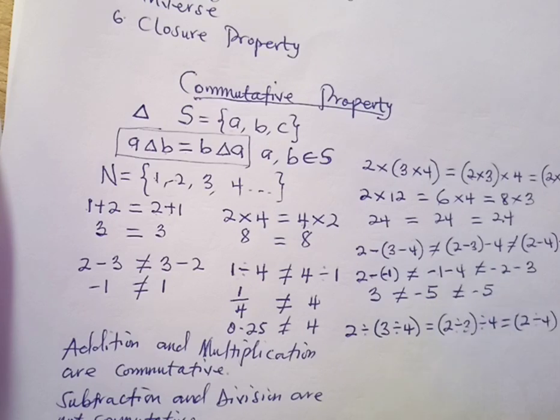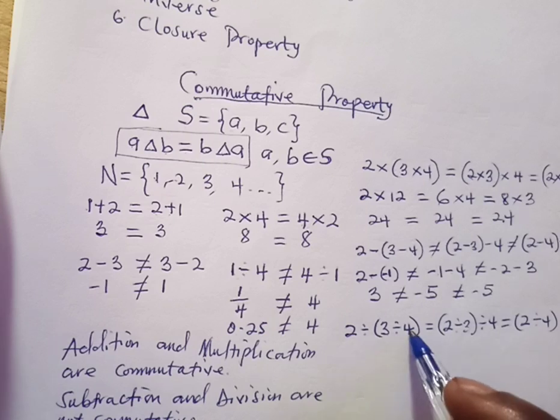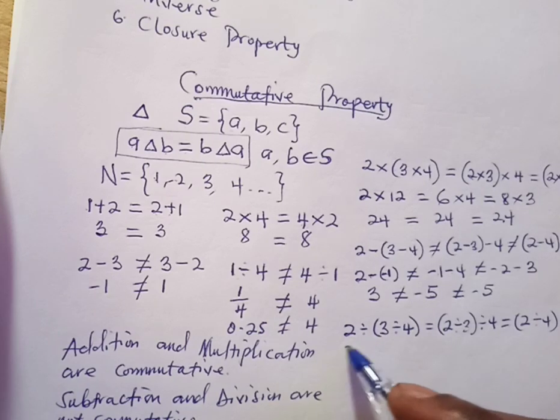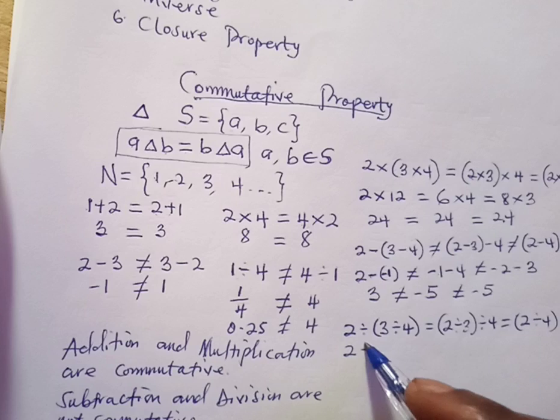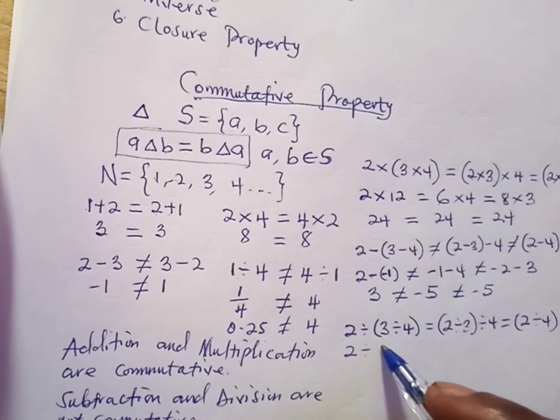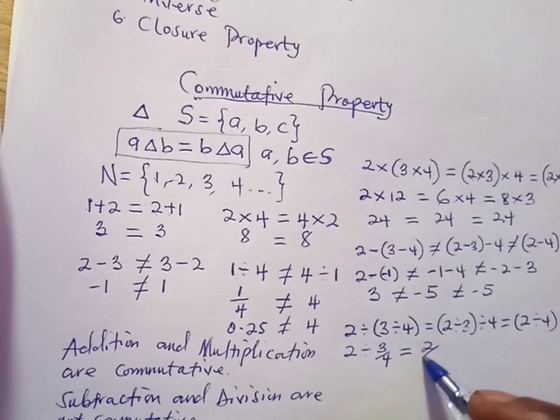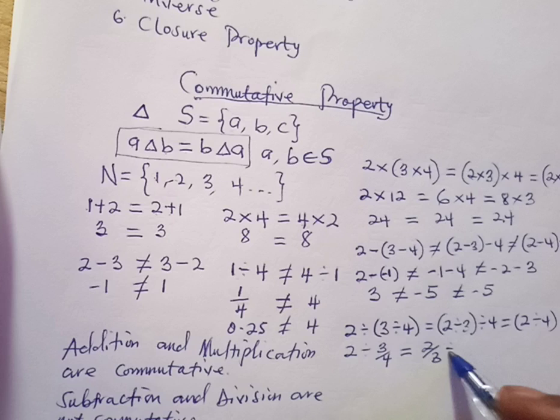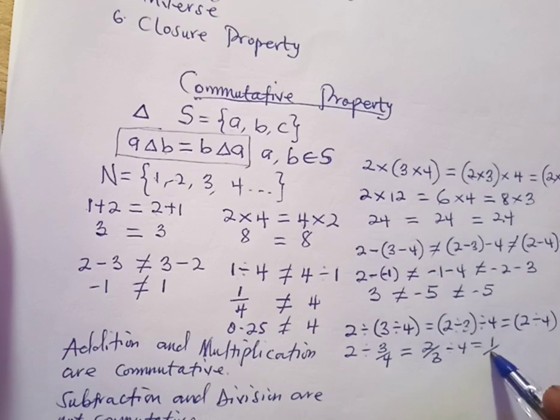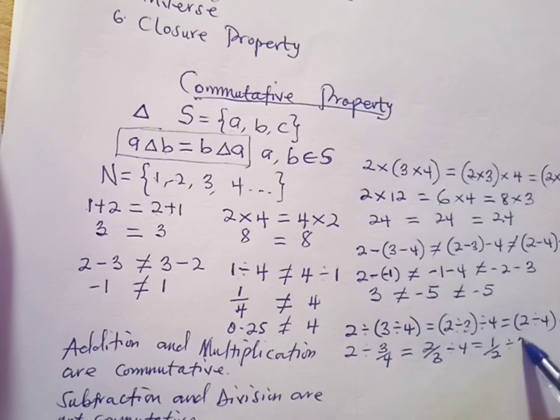All right, great. So let's deal with the division. Always we do what is in the bracket first. So we have 2 divided by, so 3 divided by 4 is what? 3/4, which should also be equal to 2/3 divided by 4, which is equal to half divided by 3. All right.